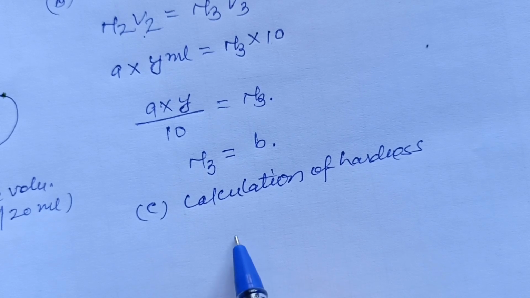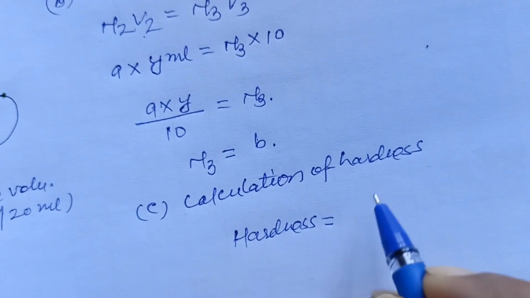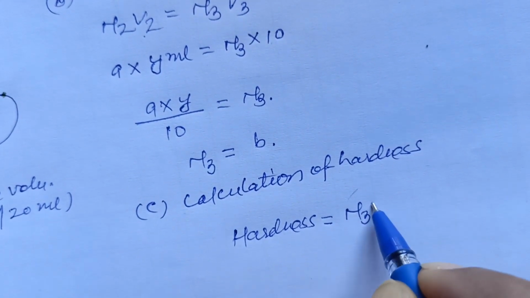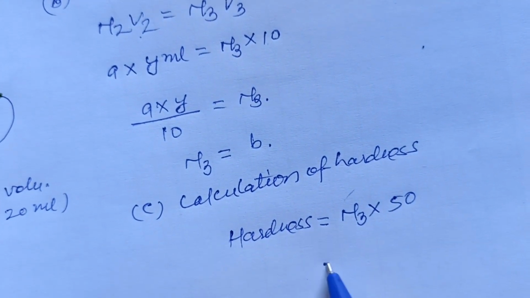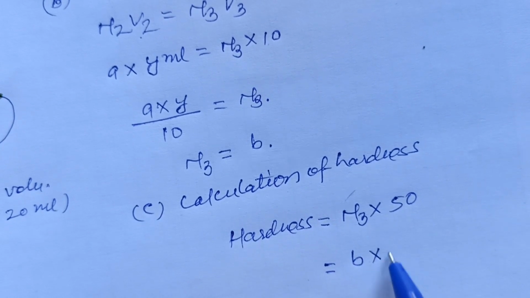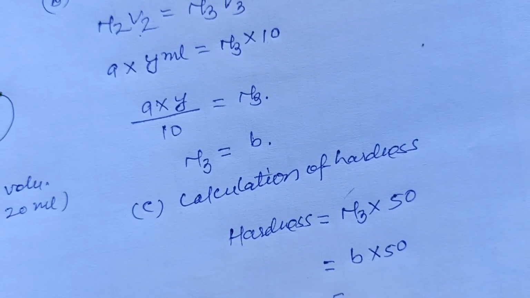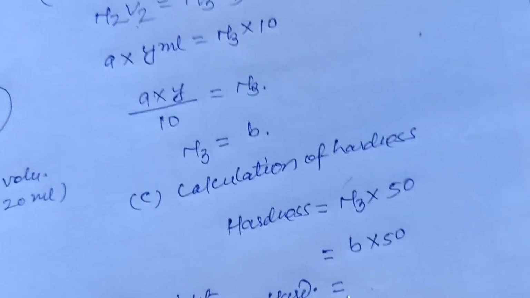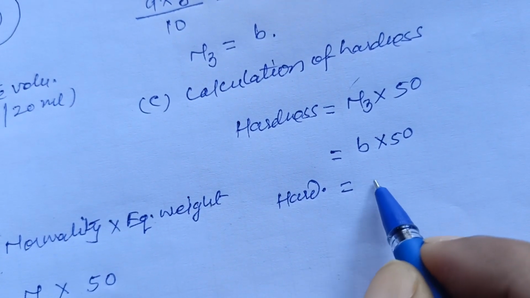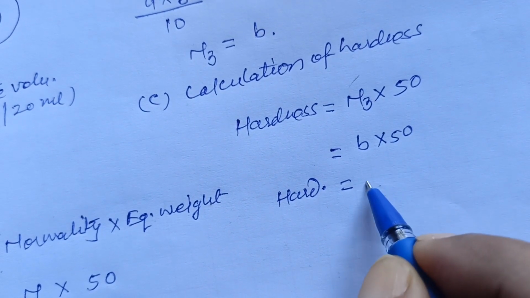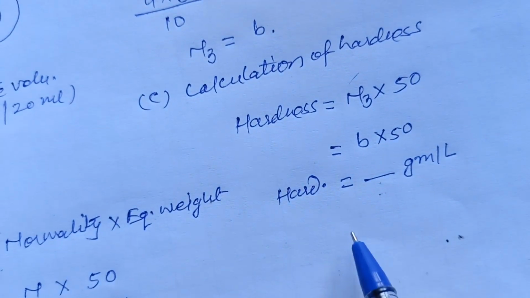So hardness equals normality N3 into equivalent weight 50. So normality is B multiplied by 50. So you get the hardness equal to a certain value in gram per liter.